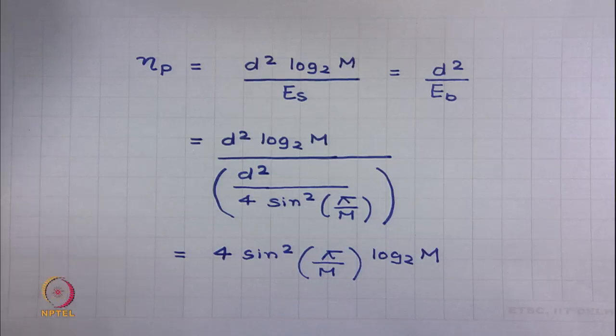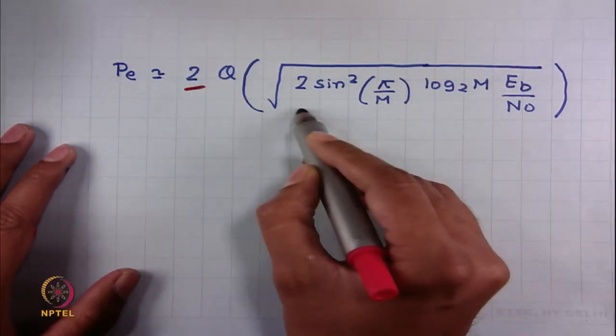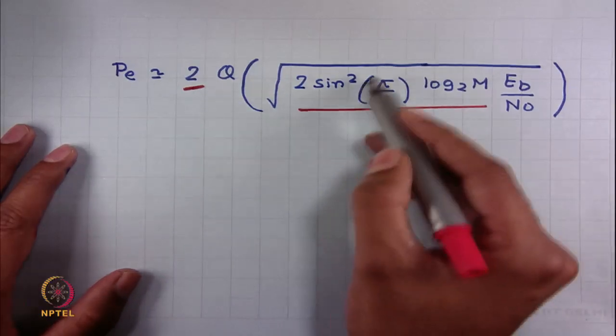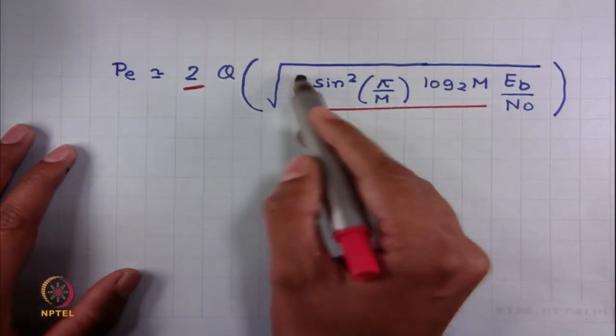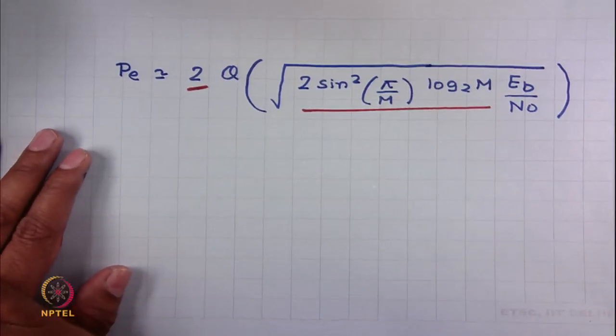And from this we can calculate the probability of error by substituting the value of n d minimum and substituting the value of power efficiency. So, there is power efficiency by 2, and hence the factor 4 has become a factor 2. Okay. So, calculating the probability of error for PSK was rather trivial, simple, right.